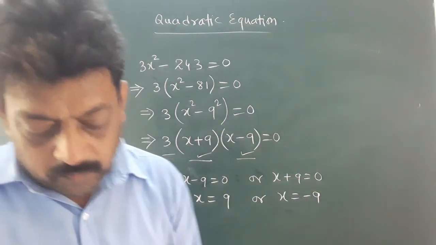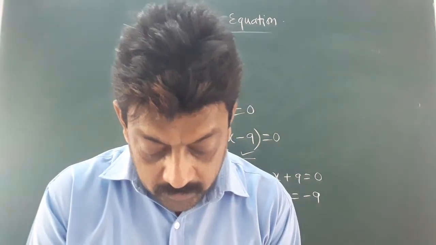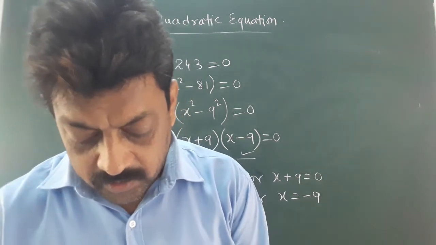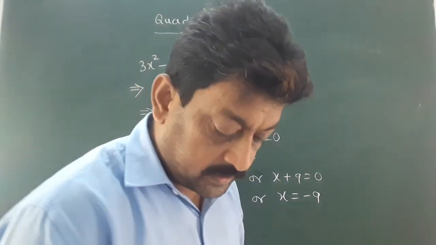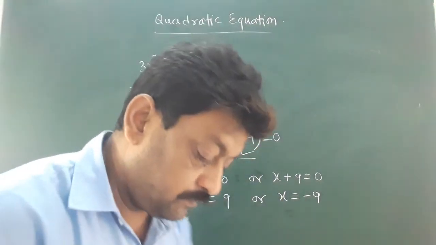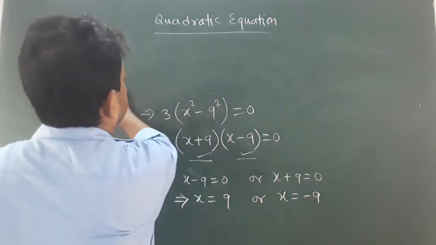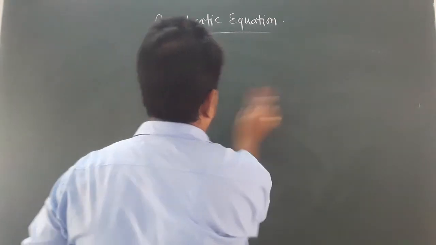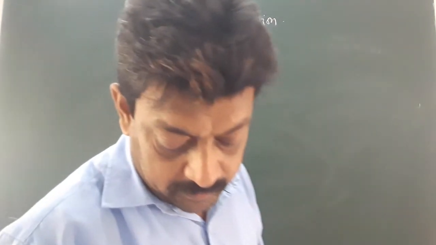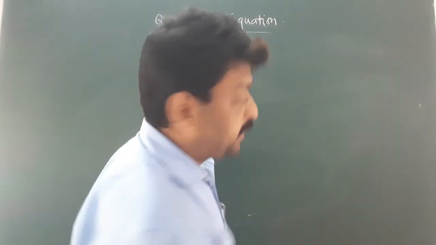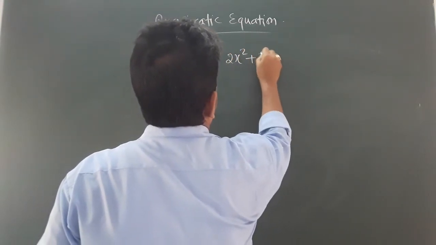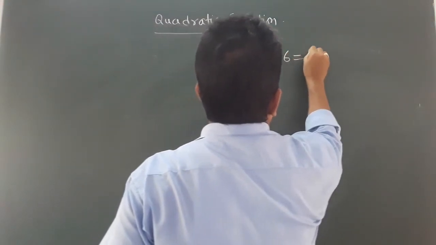Okay. One more question. 2x square plus x minus 6 equals 0.